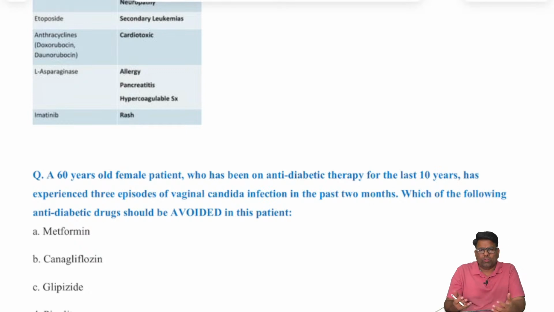Then there was one more question on anti-diabetic drug. So here a female who is on anti-diabetic therapy for the last 10 years has few episodes of vaginal candidiasis, and therefore which anti-diabetic drug should not be given to such a patient? So she is already having vaginal candidiasis, and there is one drug which has high tendency of causing genitourinary infection or vulvovaginal candidiasis, that is canagliflozin.